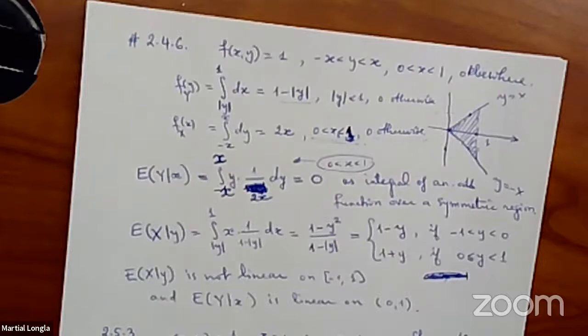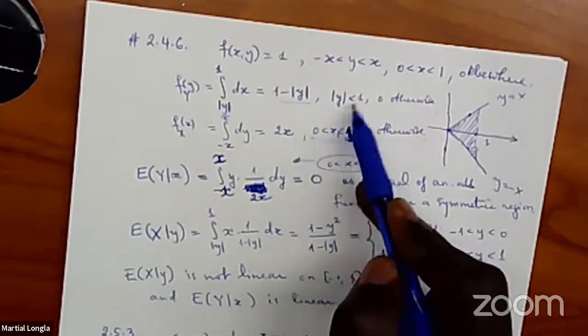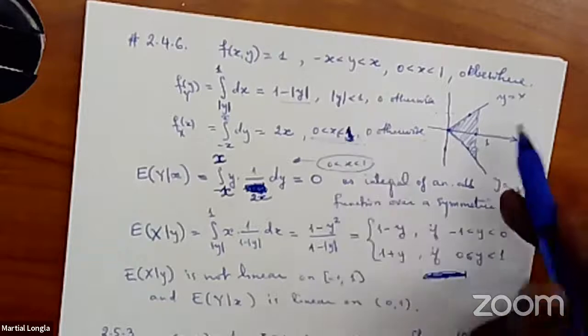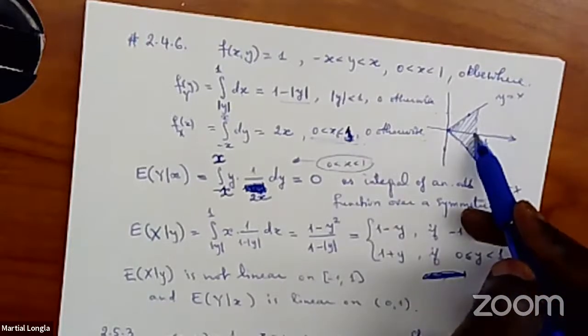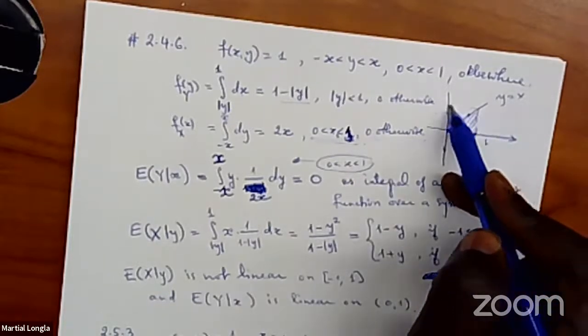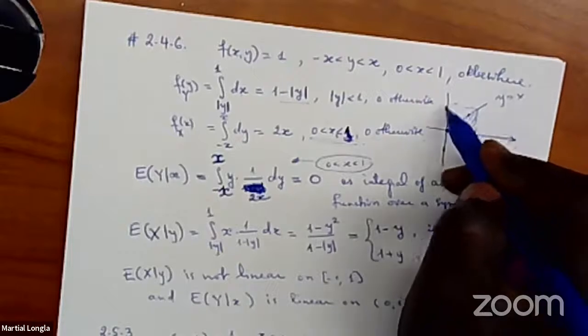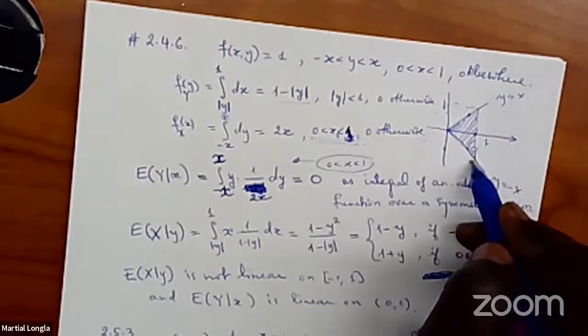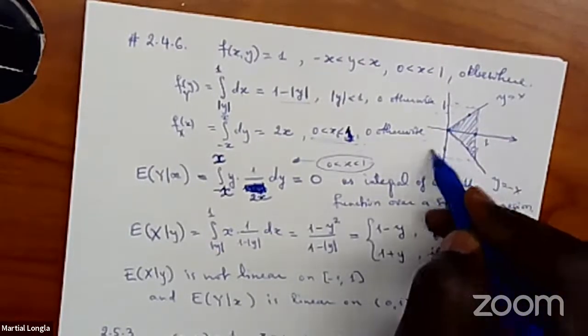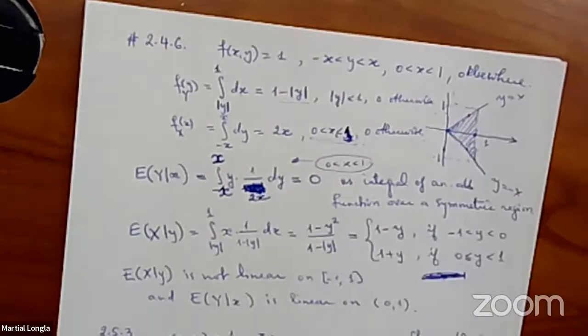Under the condition that absolute value of y is less than 1, because x is less than 1, therefore the range of y, that's it right there, is 1 and -1. The range of y is -1 to 1, not 0 to 1.